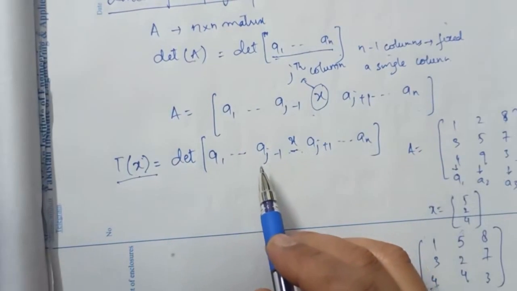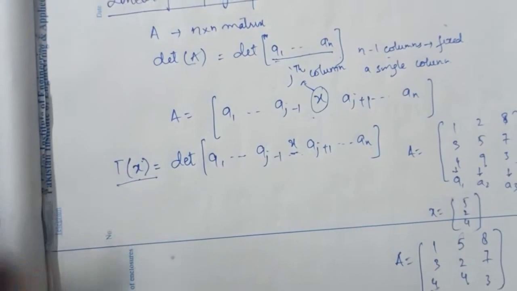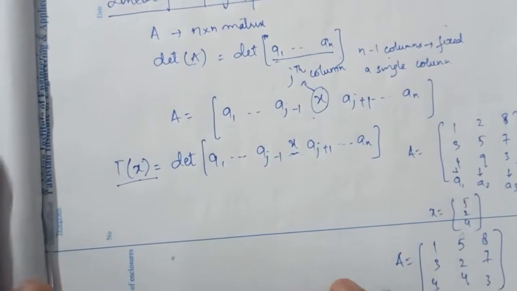Now this is actually the linearity property of the determinant function.